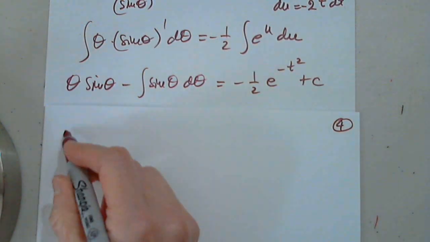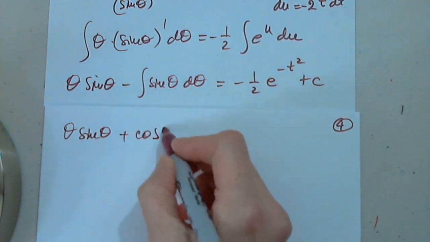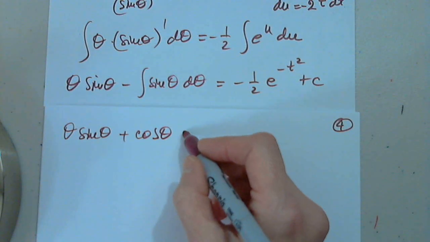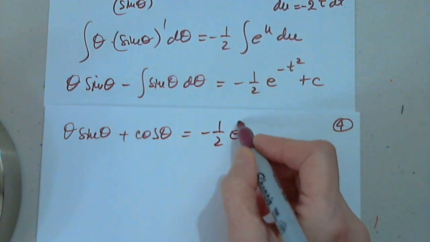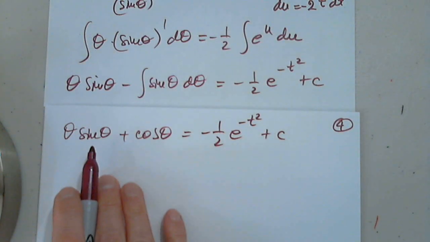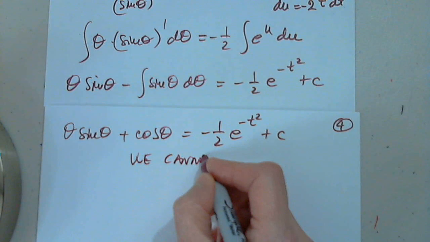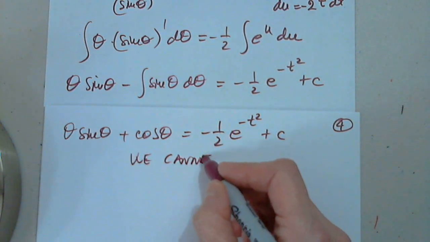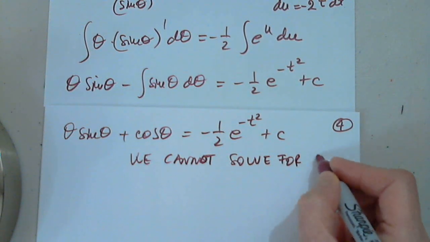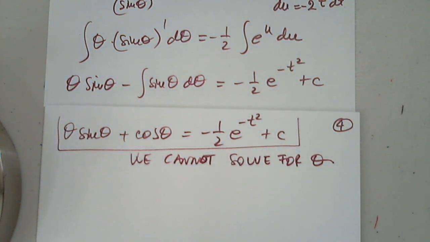So theta sine theta plus cosine theta, because cosine prime is negative sine, equals negative 1/2 e to negative t squared plus a constant c. We are looking for theta. We cannot solve for theta, so we leave it as is. This is the final answer.